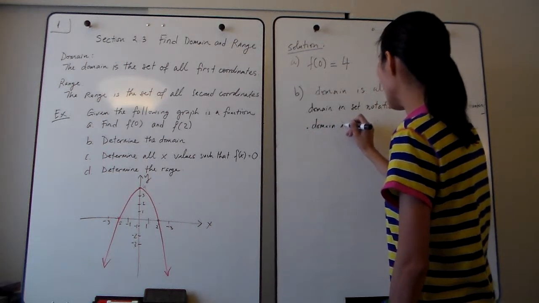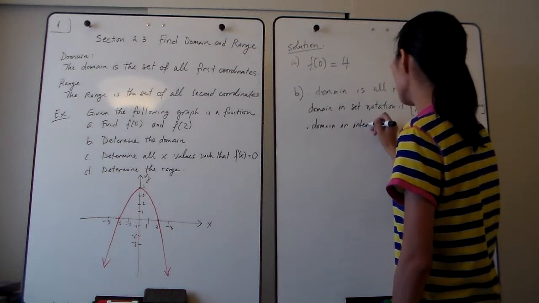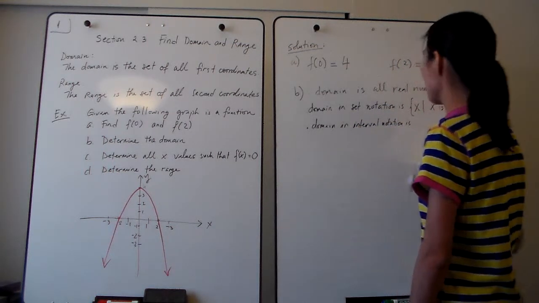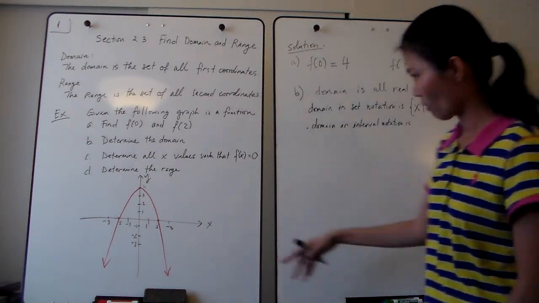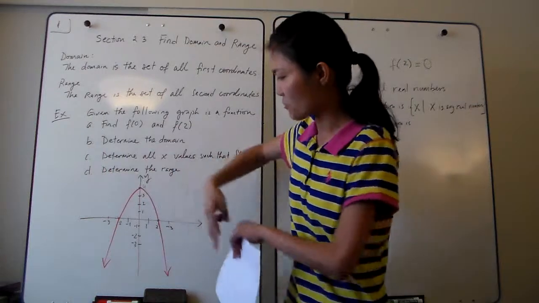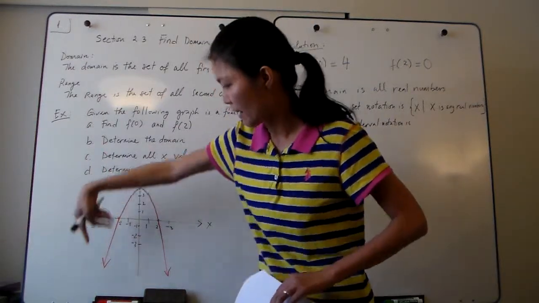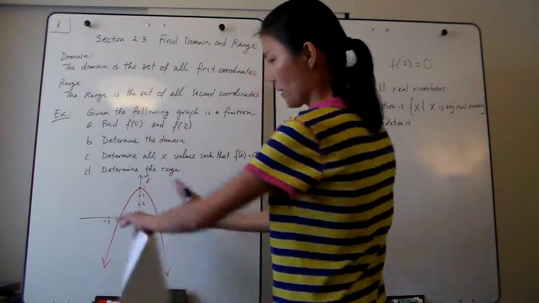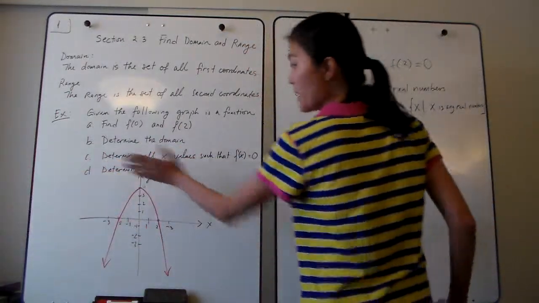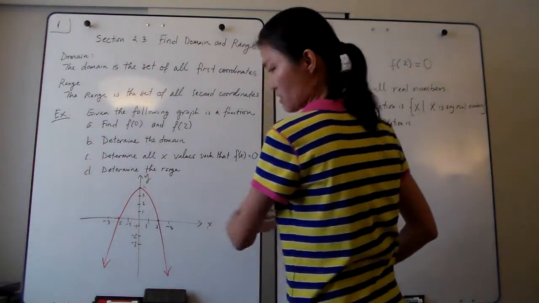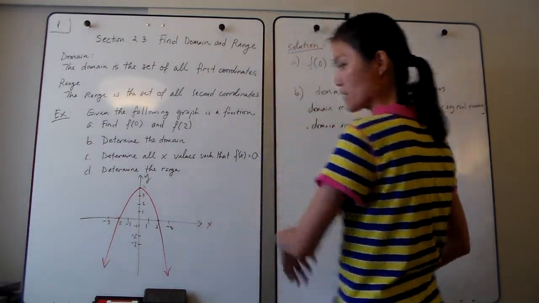The domain in interval notation is, now look at the x-axis, right? This graph expands further to the right and further to the left. So it approaches negative infinity to the left and positive infinity to the right.